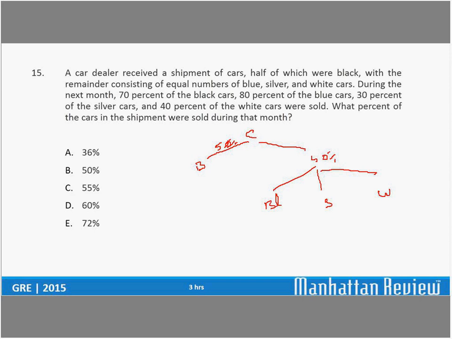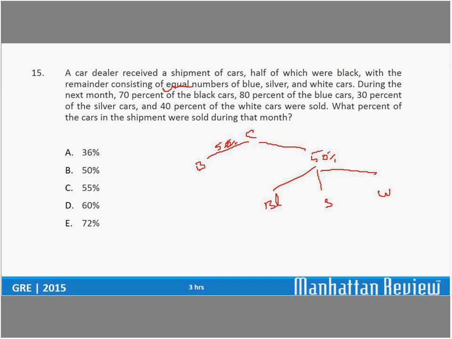Usually, when we see percentages in the story, we plug in 100 and assume that it is 100 cars. But it said it consists of an equal number, meaning all three should be equal in count. If I start with 100, black would be 50 and the other three would be 50, and 50 cannot be broken into three equal pieces.